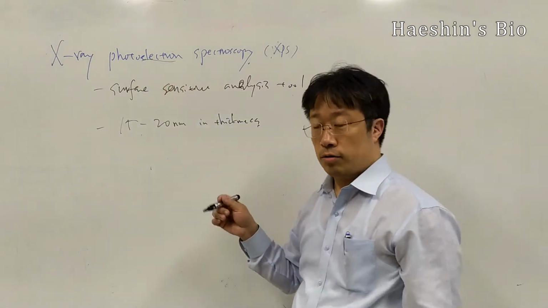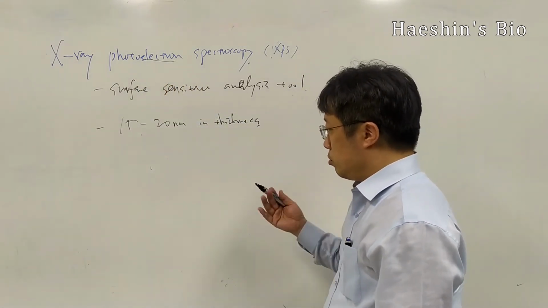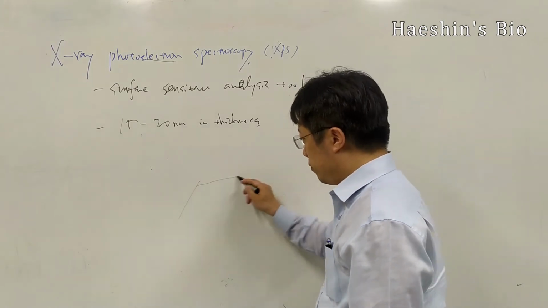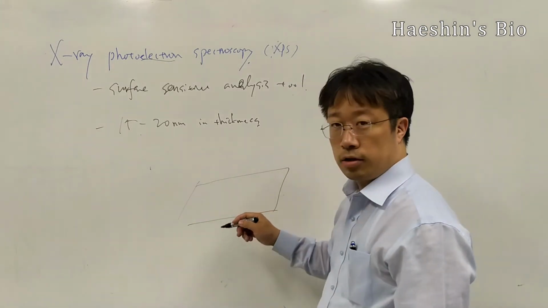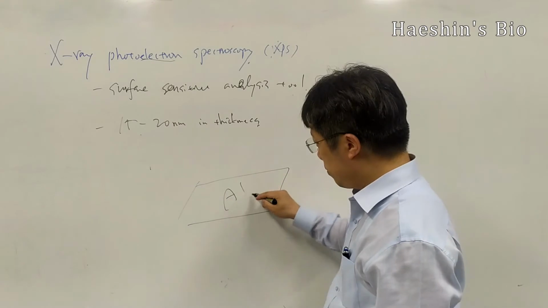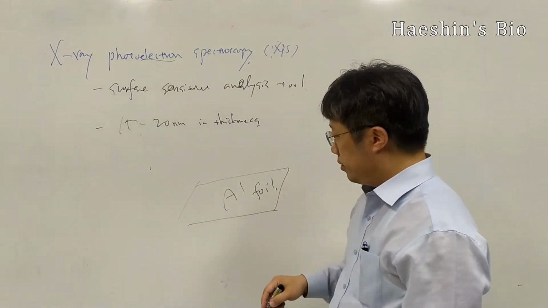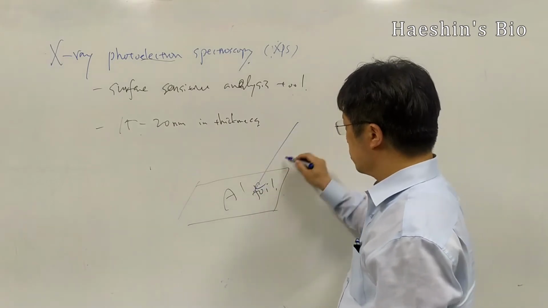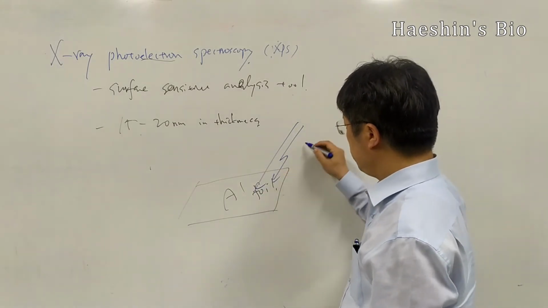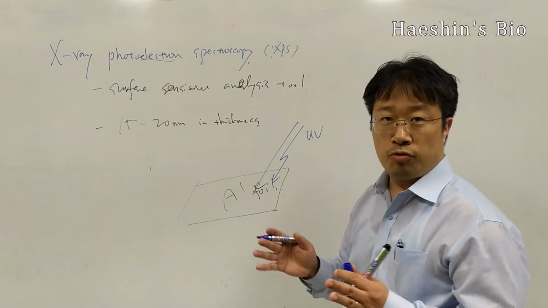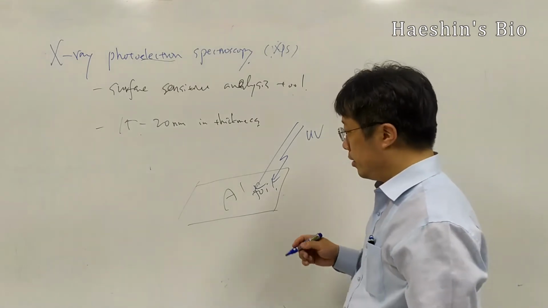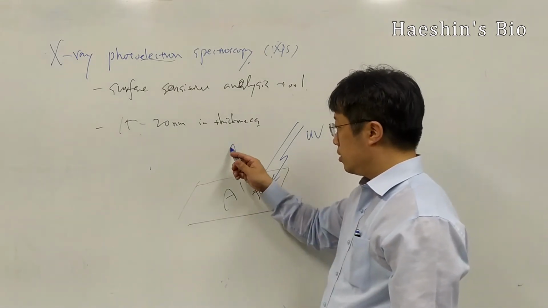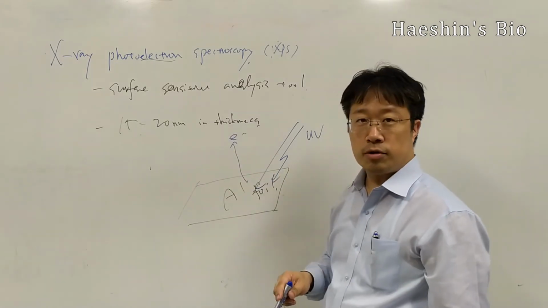The reason it is so sensitive in surface analysis is the nature of the photoelectron. For example, you have some material, and the easiest material is aluminum foil. Then you illuminate it with light, say slightly shorter wavelength, higher energy UV. Then you can see the phenomenon that electrons come out from the surface.